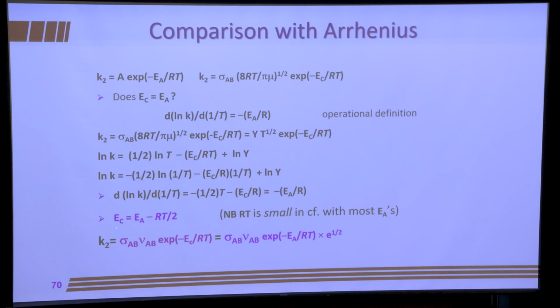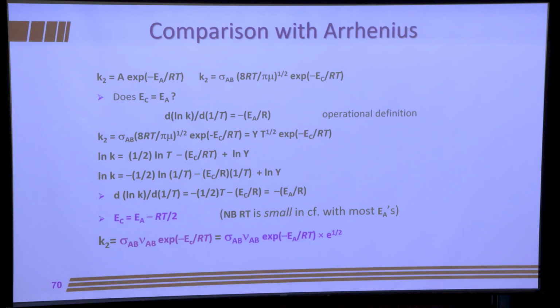So EC is actually equal to EA minus RT all over 2, okay? So they're not actually equal. So we can actually write K2 is equal to sigma AB, nu AB, times the exponent of minus the critical energy over RT, and that's equal to sigma AB, nu AB, the exponent of minus the activation energy all over RT times e to the half, okay?